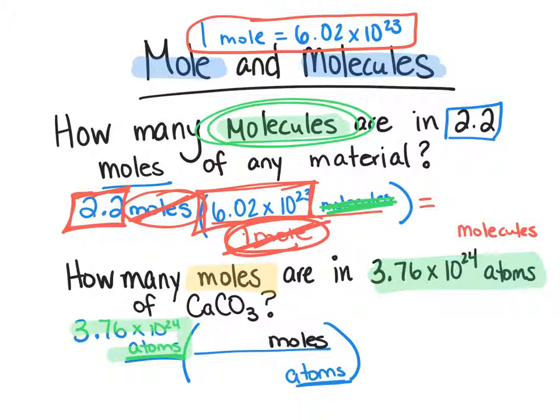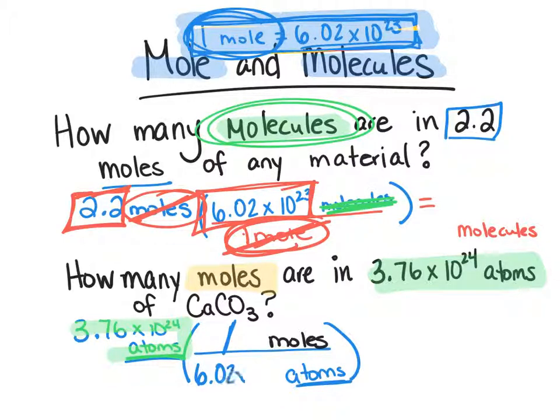Now, I'm going to look at this relationship right here of 1 mole equals 6.02 times 10 to the 23rd atoms, and I'm going to fill in the numbers next to their correct units. So according to this relationship right up here, I'm going to put the number 1 next to the word moles, because that's what it says right up here, 1 mole. And my number of atoms is going to be 6.02 times 10 to the 23rd atoms.